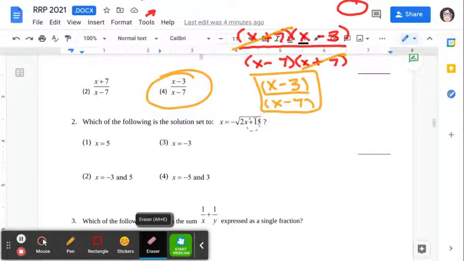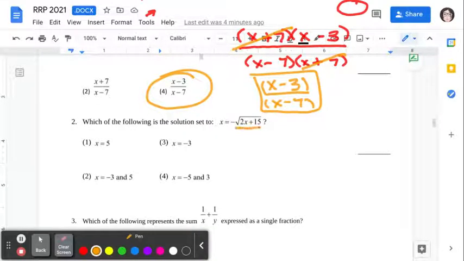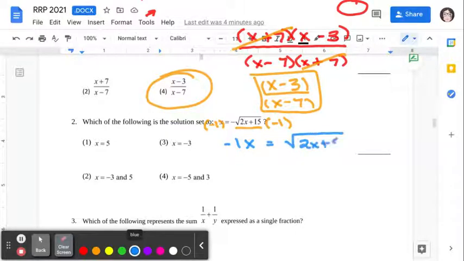That's not inside the square root symbol. So in order to get rid of that, you can think divide by a negative 1, multiply by a negative 1. It means the same thing. So I'm just going to multiply. Then I'm left with negative 1x equals the square root of 2x plus 15. That's a 15, sorry about that.